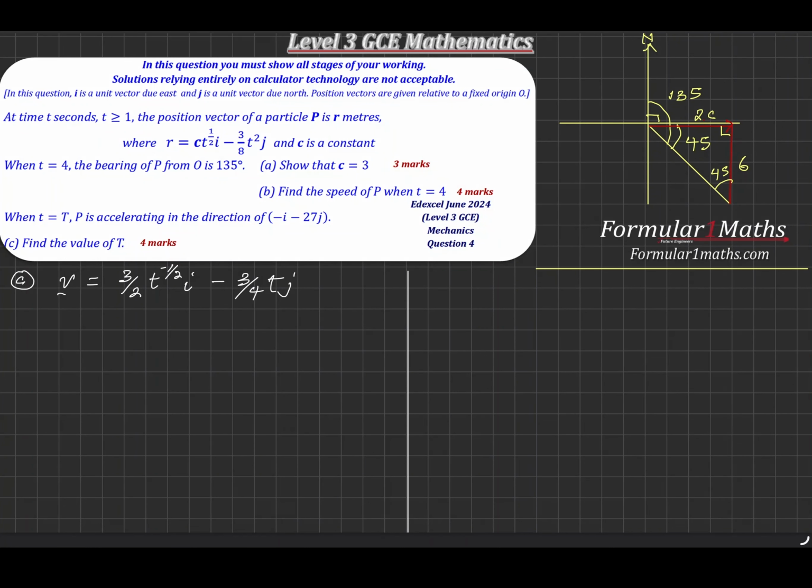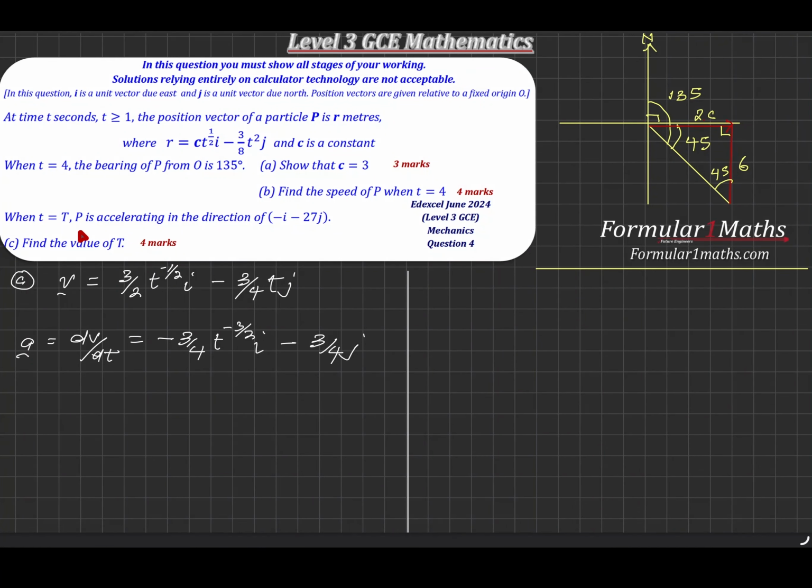So for acceleration, I'm going to get dv/dt. And if I differentiate, I'm going to get −3/4 t^(−3/2) i − 3/4 j.